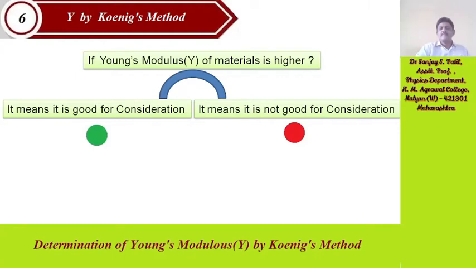That is to be measured, and there are various methods for it, one of which is Koenig's method that we have deployed in the present experiment. So that is about finding Young's modulus by Koenig's method for a material given in the form of a beam.